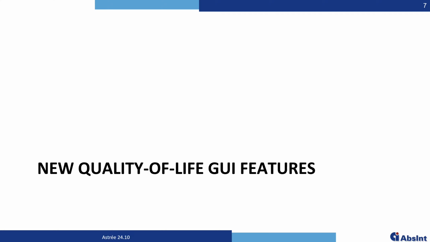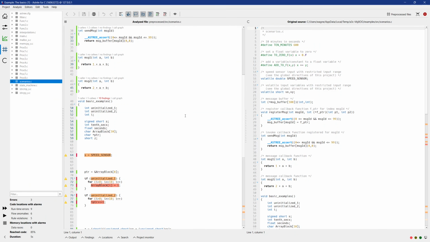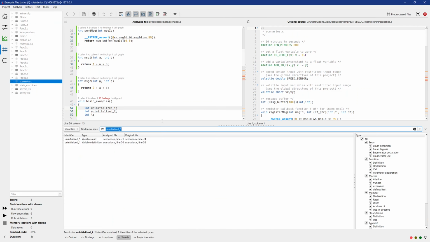We have also added many further quality of life features to our graphical user interface. To mention some examples, we have improved the Find in Project functionality. You can now simply position the text cursor inside of an identifier and then press the keyboard shortcut Ctrl, Shift and F. This will open the search view and automatically start a search for the selected identifier.